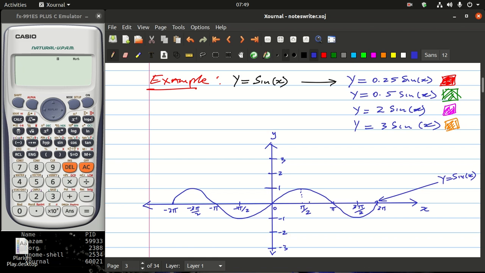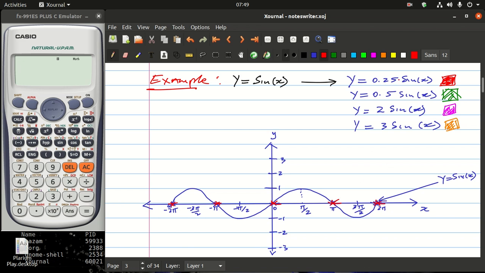Now, I said that the x-intercepts here are locked, so they are not going anywhere. So I'm going to start with that there. So I am here with the red. This point here, that point there, and that point, and that point, they are fixed there. They are not going anywhere.